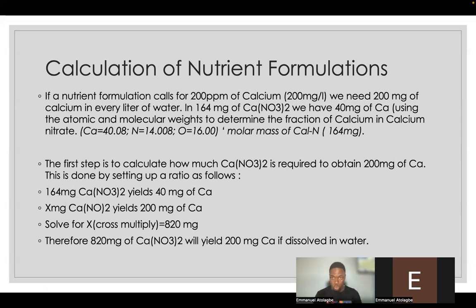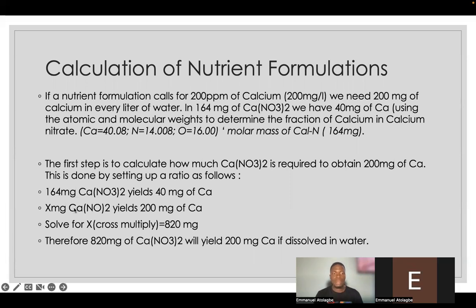When you do your cross multiplication, you have 164 milligram of calcium nitrate to give you 40 milligram of calcium.